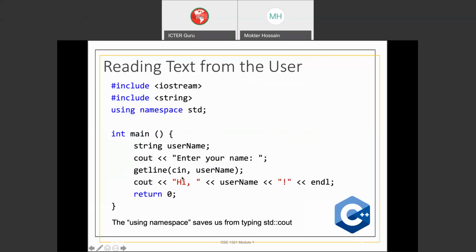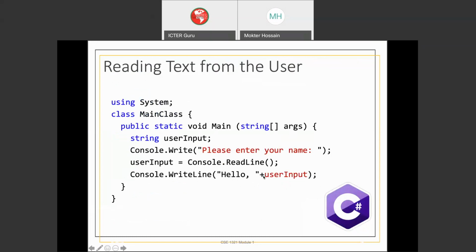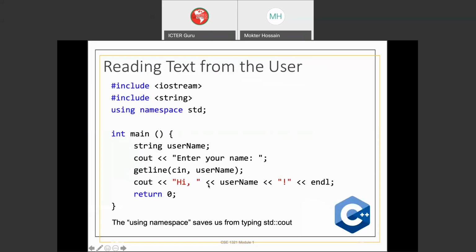Anyone here taking the C++ lab? One, two. Okay, only a few. So this is the output operator in C++. For concatenation, in Java and C# we use the plus sign, and in C++ we use double less than.